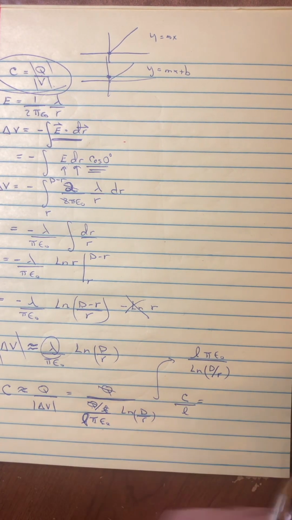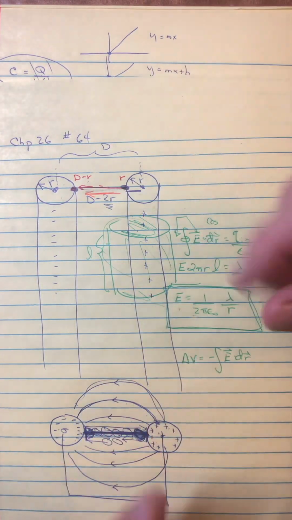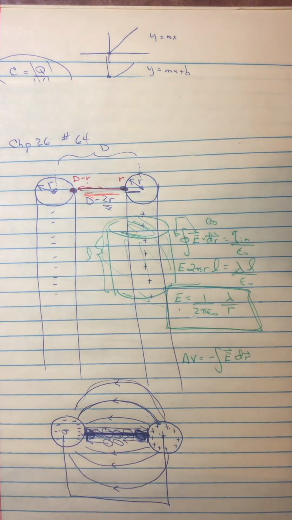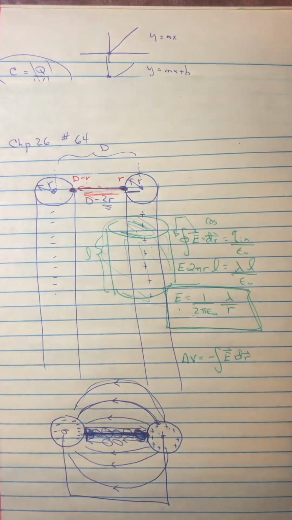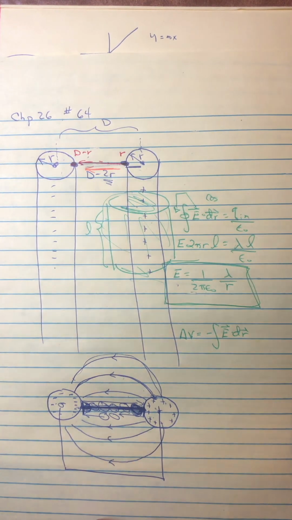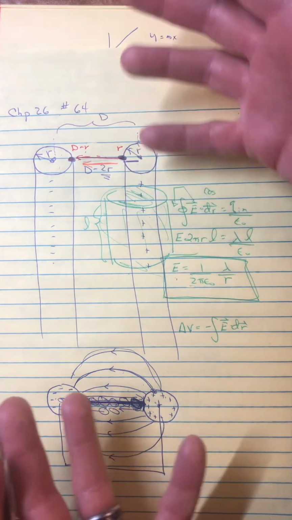And the final step is to move the L to the other side, because the question asks to find the capacitance per length. So if you're buying this twin lead wire, it'll come rated at how much capacitance per meter. And so if you're going to make an antenna or something and string this out, or some kind of communication or a ham radio, as you send these down to your antenna, maybe your antenna's on your roof if it's that close, or out in some back barn if you live on a big ranch, and so you're going to maybe have 20, 30, 40, 50 meters of wire here.